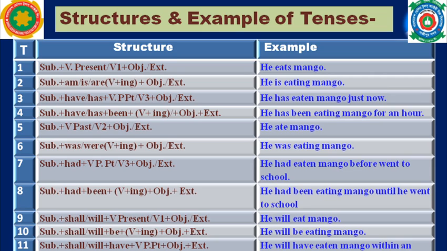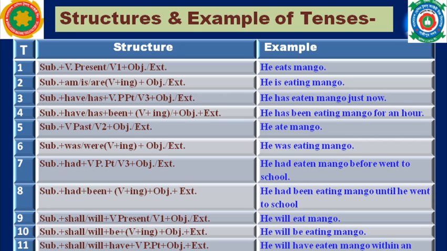That means his action would carry on, would continue until he went to school. His action was going on before he went to school. So here, he had been eating mango until he went to school.